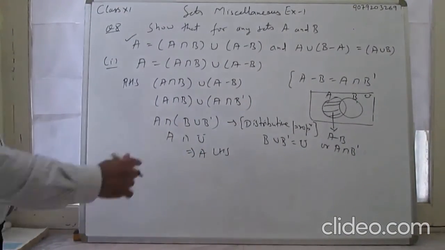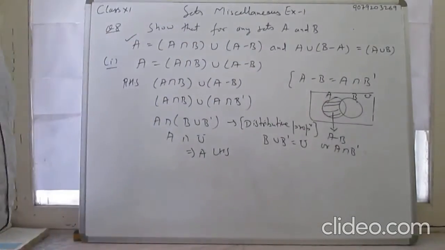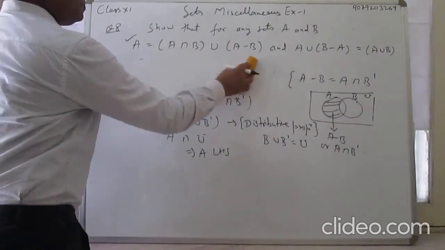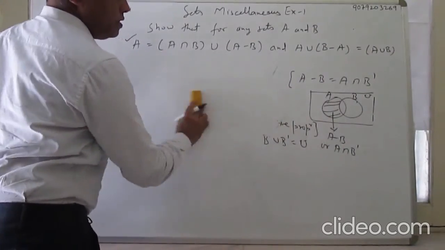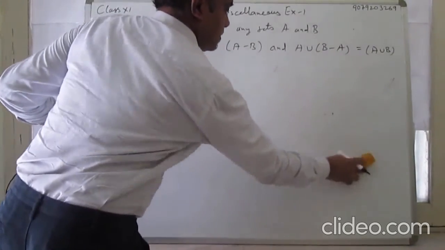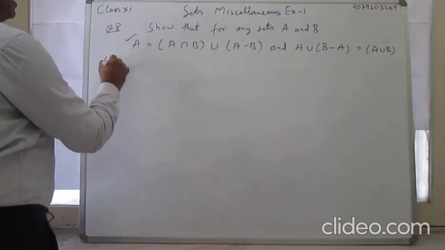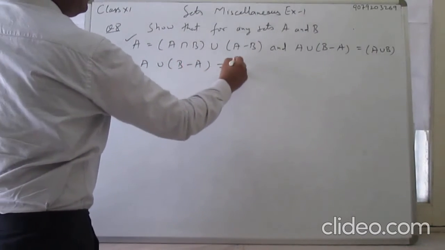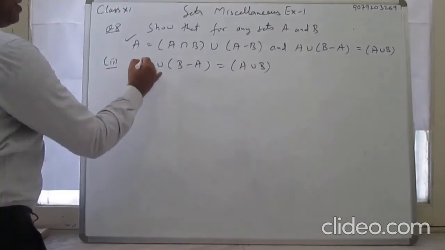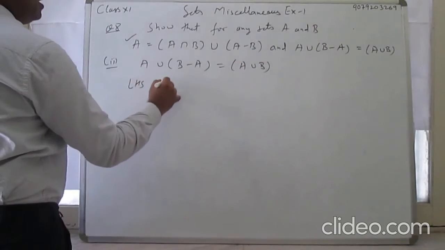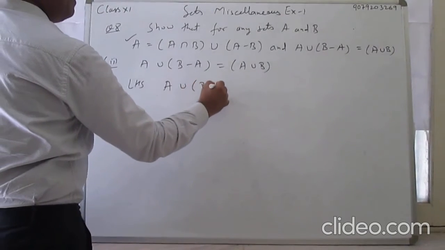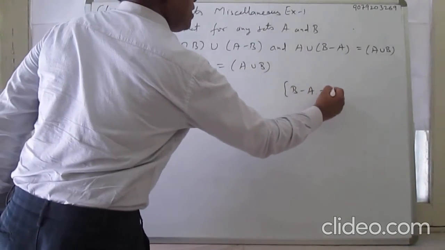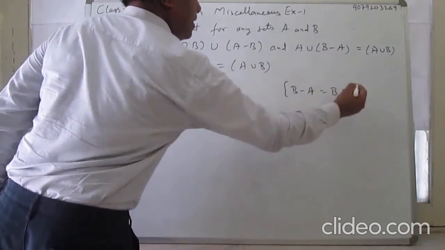Now I will do the second part. This is over. Now I will take the second part. See on the board. Second part, A union B minus A is equal to A union B. I will take the left hand side, A union B minus A. Instead of B minus A, you can write B intersection A complement.